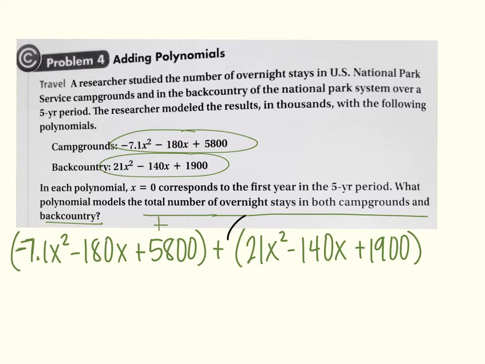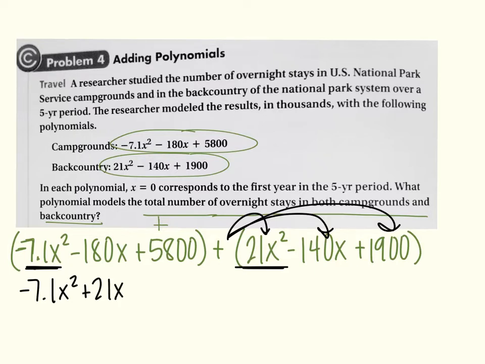And since I'm adding all of this, I don't have to change any signs. So it's just going to be negative 7.1x squared plus 21x squared, and then negative 180x plus negative 140x.